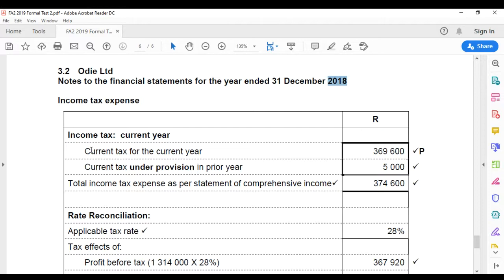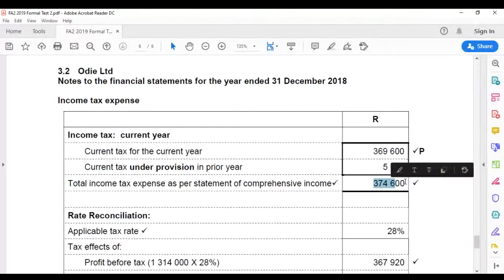Right, so it's the current tax, not provisional tax, for the current year. And that is the amount that we provided for at the end of the year when we applied the applicable tax rate to our taxable profit, which gave us the 369,600. But that is not the amount that appears in our statement of comprehensive income.